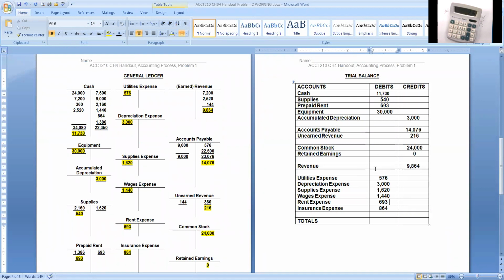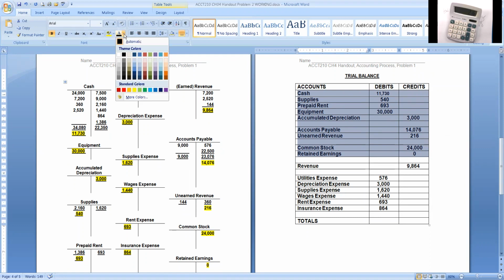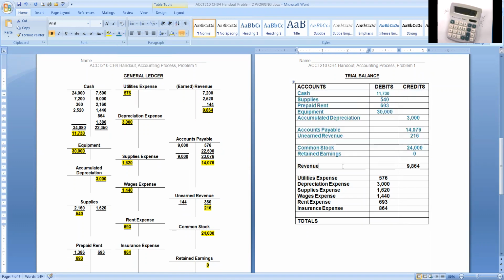Okay, so now we're going to add up both sides. One thing I want to show you here, and this is the way you usually see the trial balance, is that all the balance sheet stuff comes first. These are the assets, there's the liabilities, and here's the equity section.